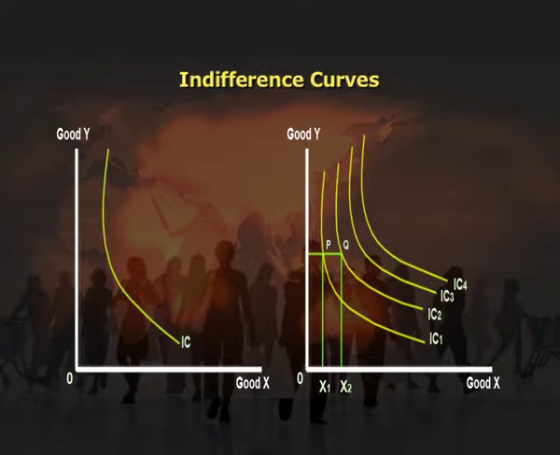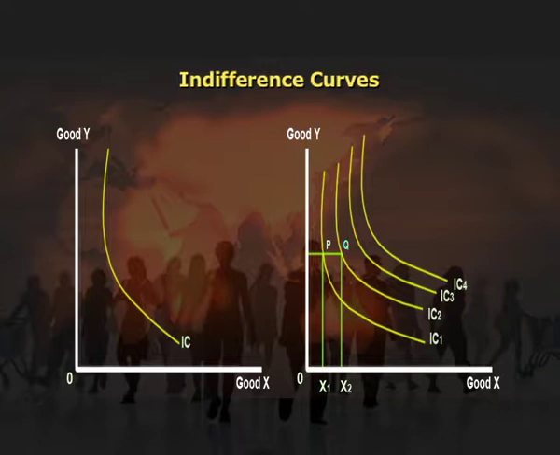An IC represents just one indifference schedule, but when more such indifference schedules are plotted on a graph, the resultant diagram is called an indifference map, on which the lower IC1 represents the lesser level of satisfaction and vice versa.